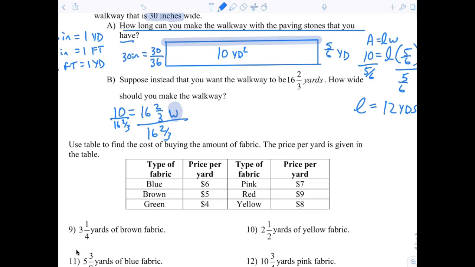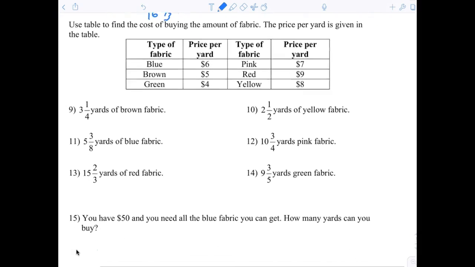So go 10 divided by 16 2/3. Has everybody got that? So the width would be 3/5 of a yard. Everybody okay with that? That was kind of tricky.